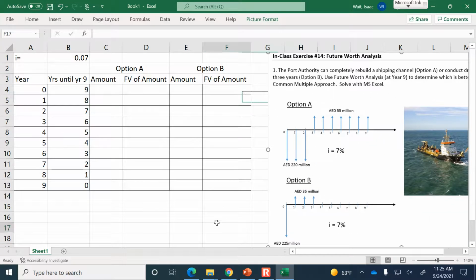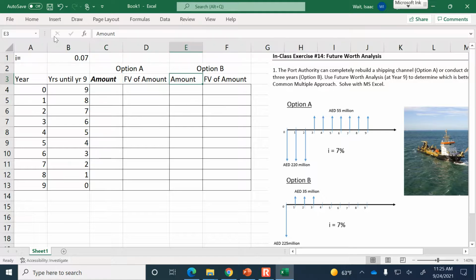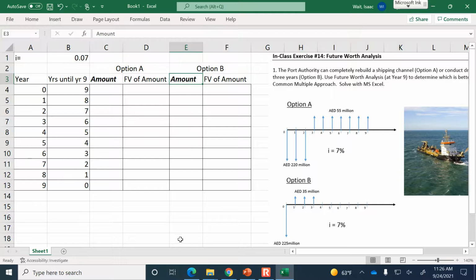All right, so let me pause for a moment. Basically what I want you to do is fill in the amount column for both option A and option B. Translate the cash flow diagram into the cash flow table.